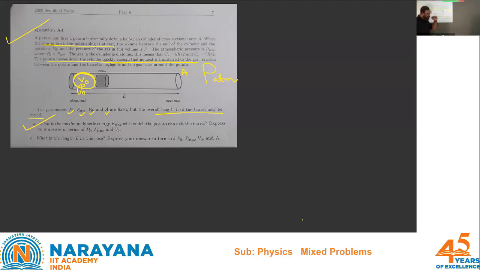So as it accelerates, the volume increases and the pressure decreases, so its speed will keep on increasing till the pressure decreases up to PATM, and then it will retard. But the question setter said to find the maximum kinetic energy, so what I technically want is for this potato to exactly reach here, at the instant when the pressure inside becomes exactly PATM.